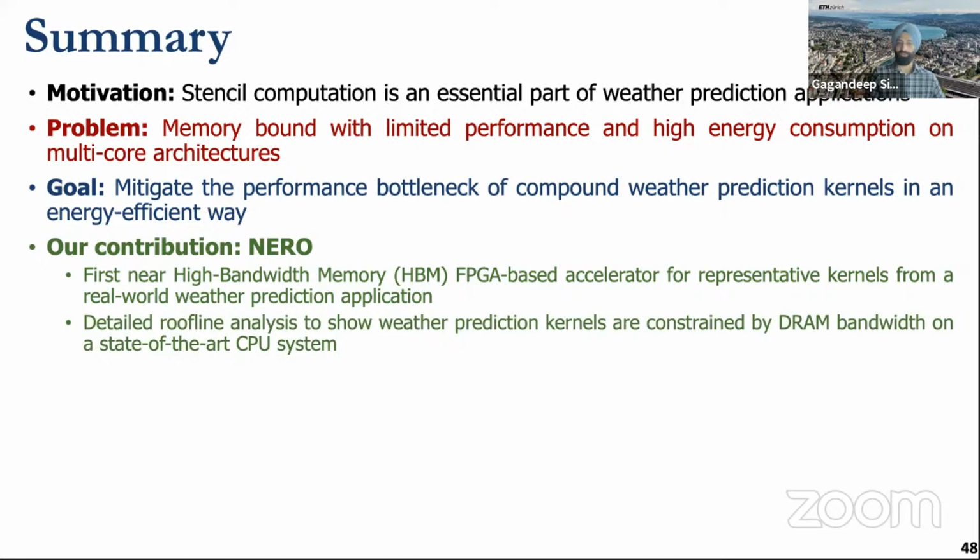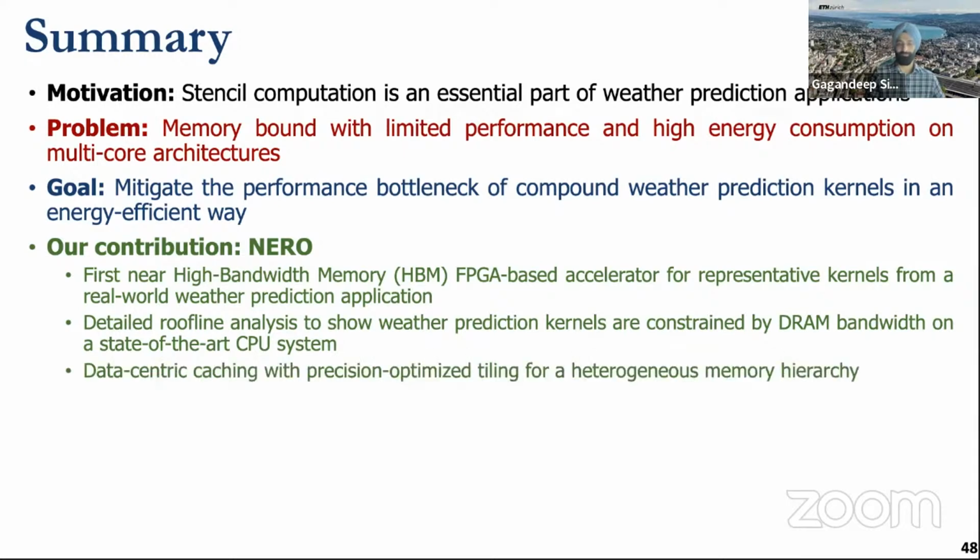We also performed a roofline analysis to show how these kernels are DRAM bandwidth bound on a CPU-based system. We performed data-centric caching with precision-optimized tiling for heterogeneous memories, by leveraging all the different types of memories available on the FPGA and carefully designing our accelerator. We also performed scalability analysis for both DDR4 and HBM-based FPGA boards, and we provide various insights into how your accelerator would behave once you start building using HBM.